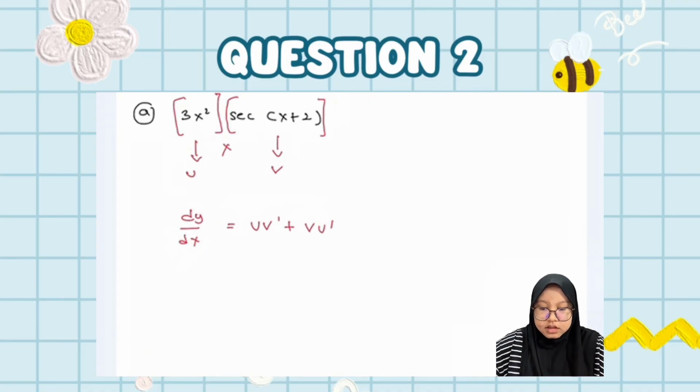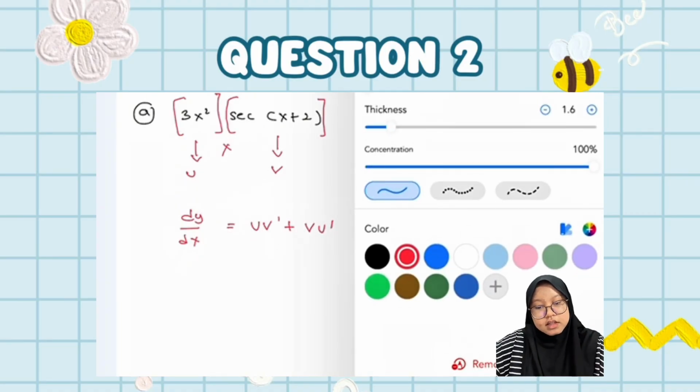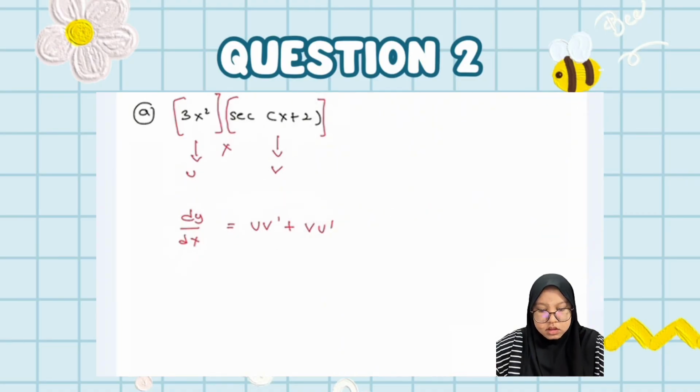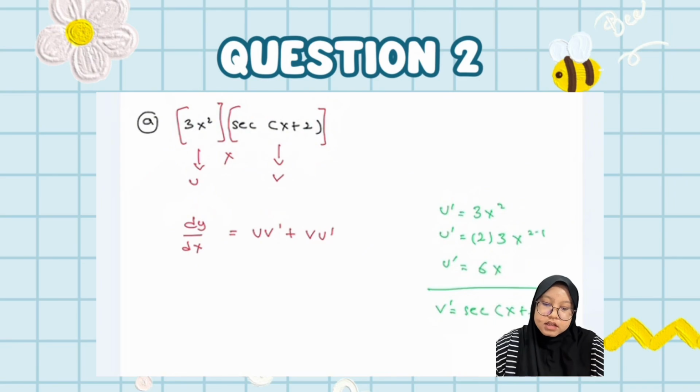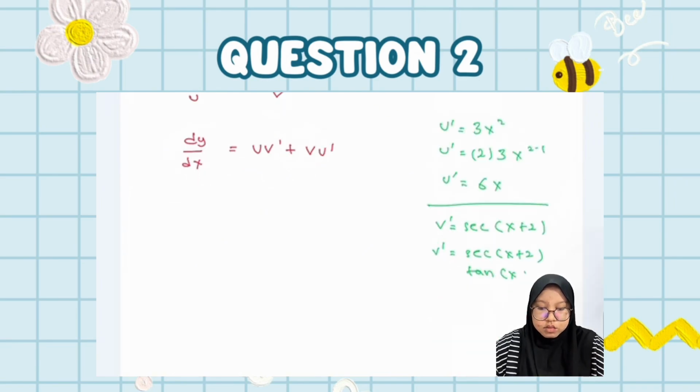u is 3x squared and v is 6x plus 2. Now we find the derivatives u prime and v prime. For u prime, we get 6x, and for v prime, we get 6.